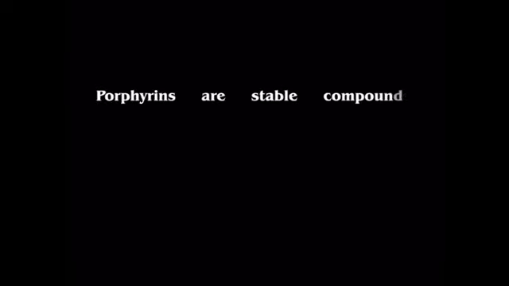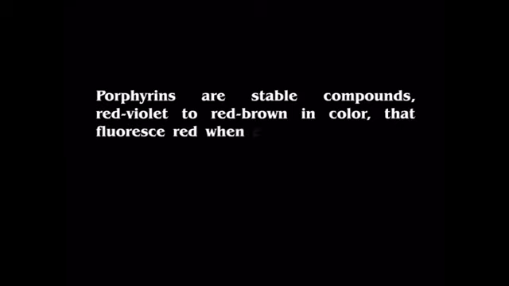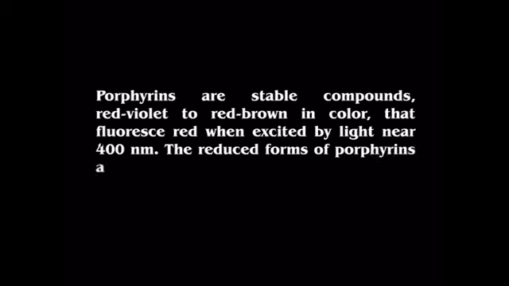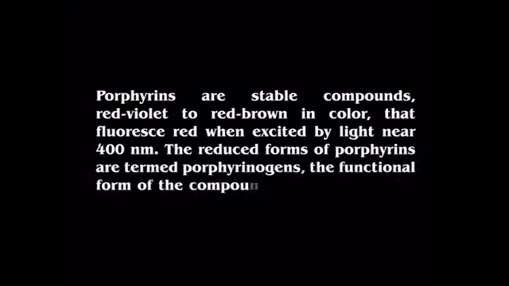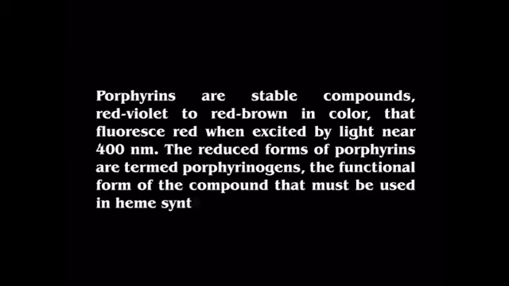Porphyrins are stable compounds, red-violet to red-brown in color, that fluoresce red when excited by light near 400 nanometers. The reduced forms of porphyrins are termed porphyrinogens, the functional form of the compound that must be used in heme synthesis.